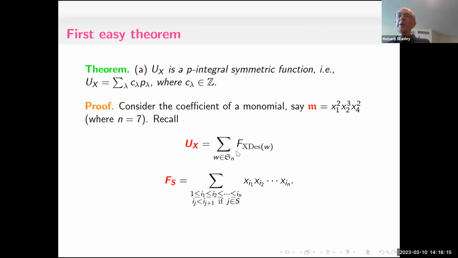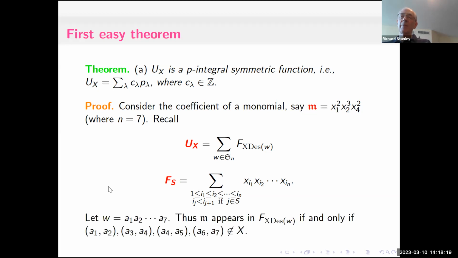So here I've repeated the definitions of Ux and Fx. Suppose our permutation w is a1, a2 up to a7 in the sum. Remember, this Fs for any s is just the sum of distinct monomials, so either this monomial will appear with coefficient 1 or 0 in Fs.